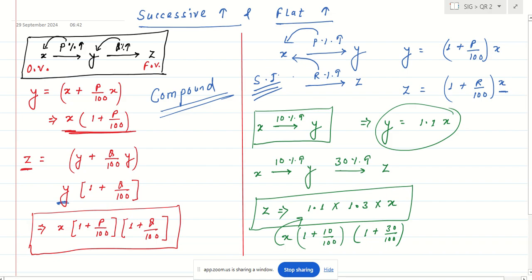Because we find the next interest on the incremented value, but we do not do the same in the flat increment. In simple interest, we find the interest only on the initial value, always on the principal amount every year. In the flat increment, that is called simple interest. Where the interest increases every year, that is called compound interest, which we will discuss later. I believe it's very simple to understand the meaning of successive increment and flat increment.